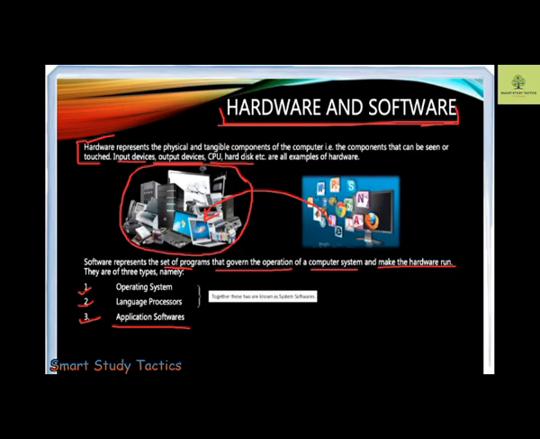Then the computer can be categorized broadly into two: hardware and software. Hardware is all the physical components and peripherals attached to the computer. Software is the set of programs that govern operations and make the hardware run.